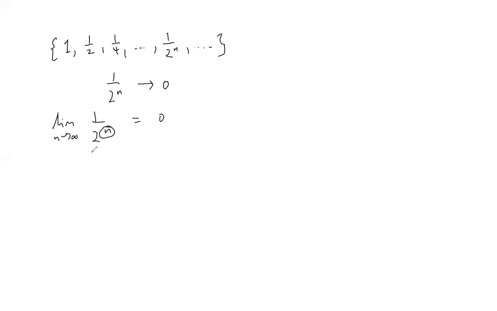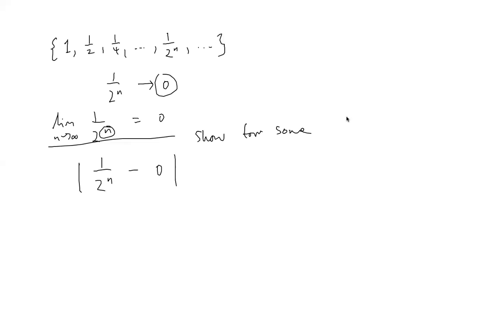But the rigorous way to argue this is that you take (1/2)^n minus the limit where you think it's going to, and you have to show that for some n greater than the threshold, this will be bounded by epsilon.